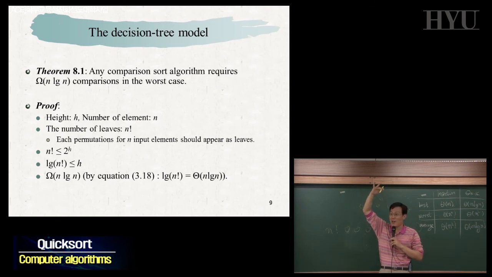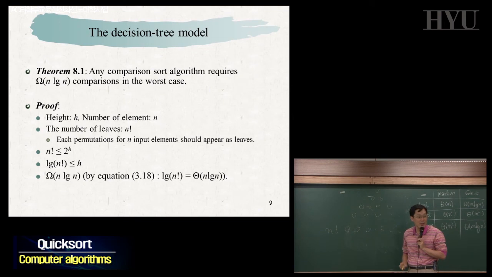To minimize the height, the tree should be a complete binary tree. If it is not a complete binary tree, the height is bigger. So assume that we build a complete binary tree. Then, to have n factorial leaves, let's calculate the height.